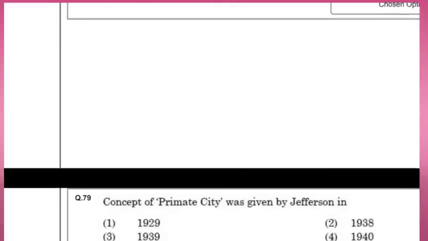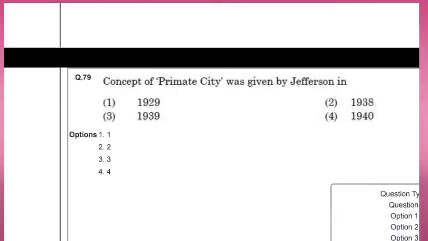And next, the concept of the primate city was given by Jefferson in 1939. Option 3 is the correct answer.